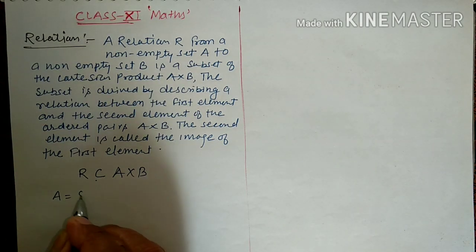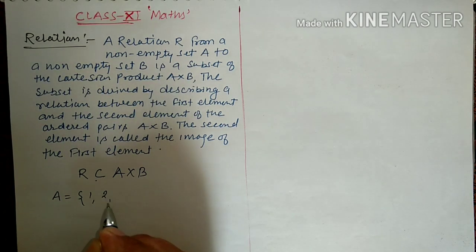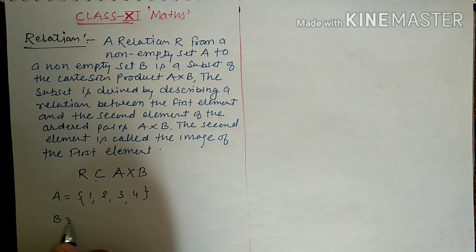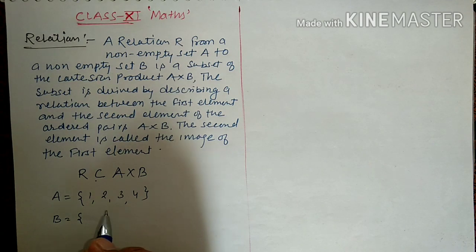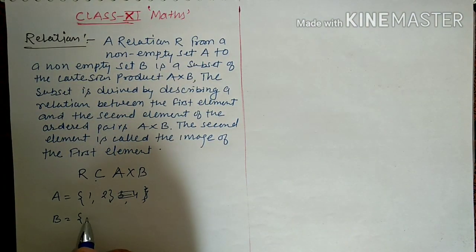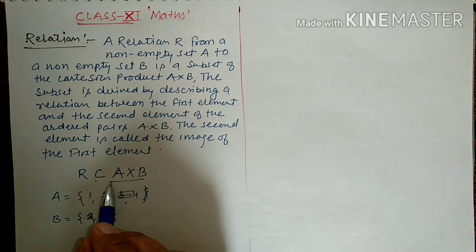A is a set of 1, 2, and B is a set of 2, 3. Clear? Okay, first of all we have to find the Cartesian product.